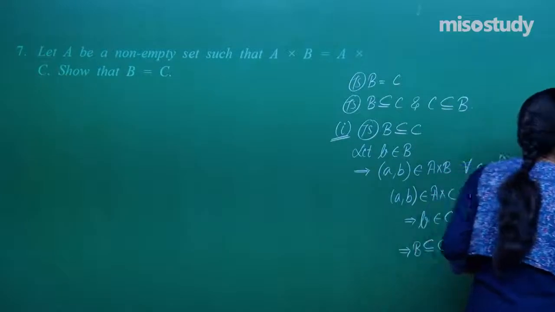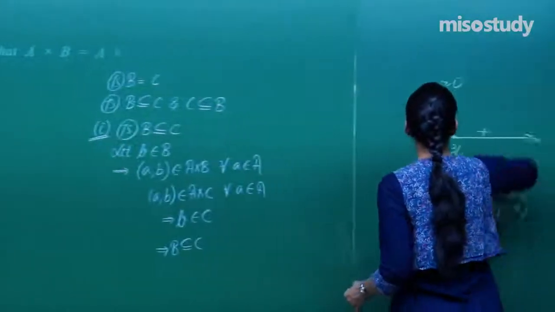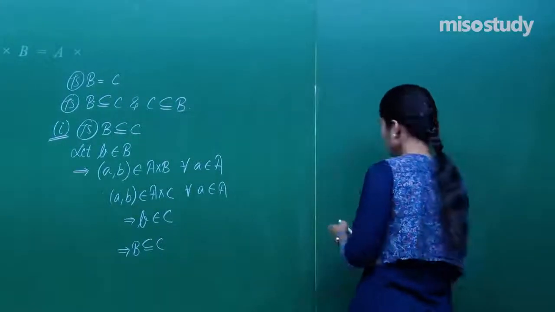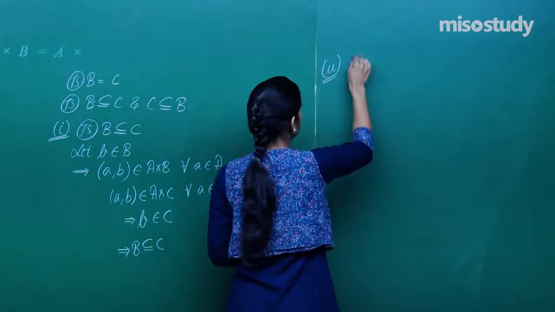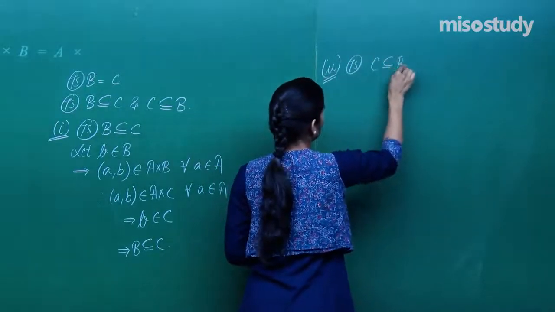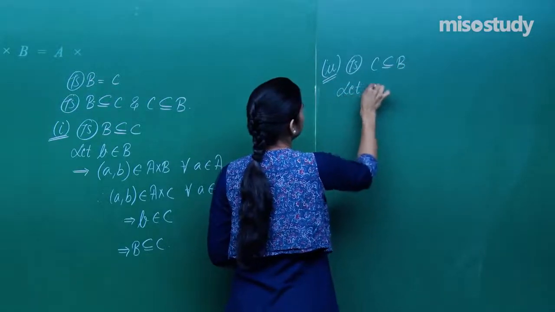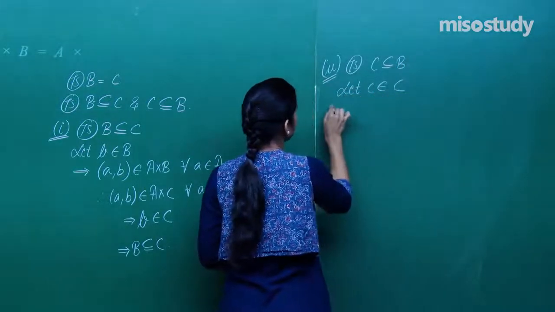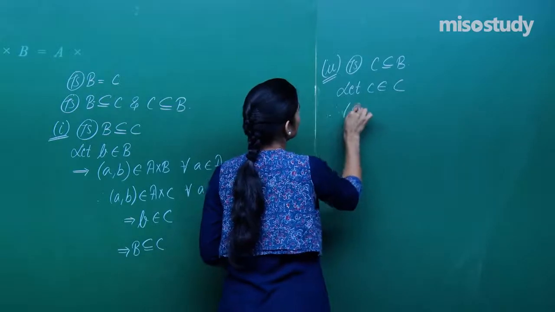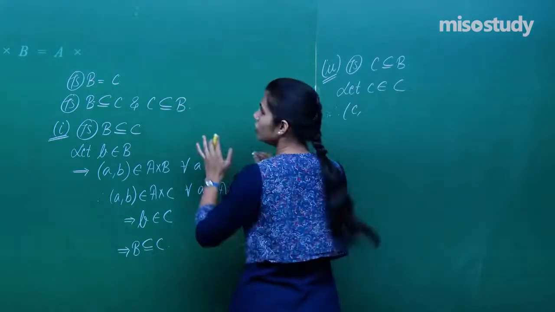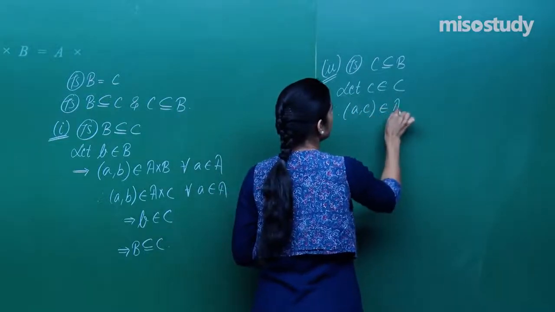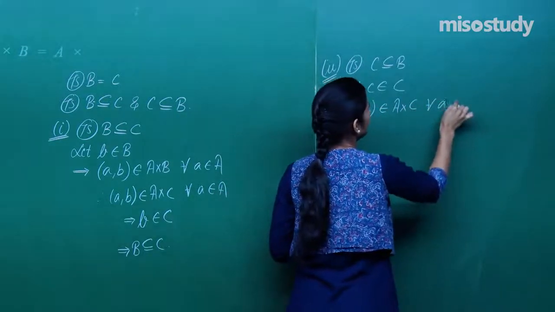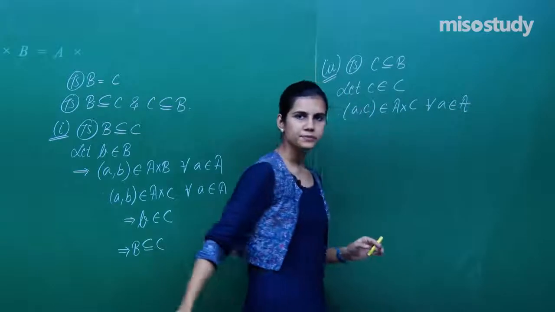Exactly in a similar fashion, if you wish to show that C is contained in B, what would you be doing? I am taking an arbitrary element c in set C, then I should better write (a, c) belongs in A cross C for all a in A. That's just by definition, right?